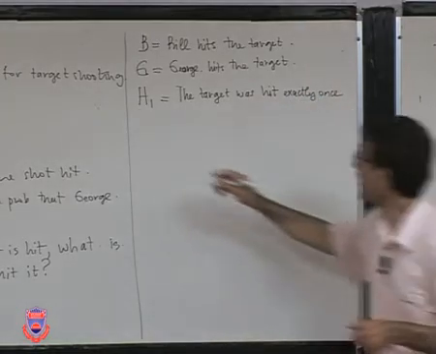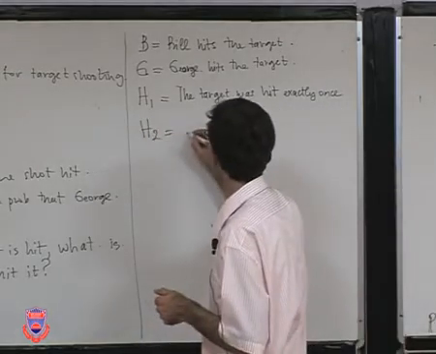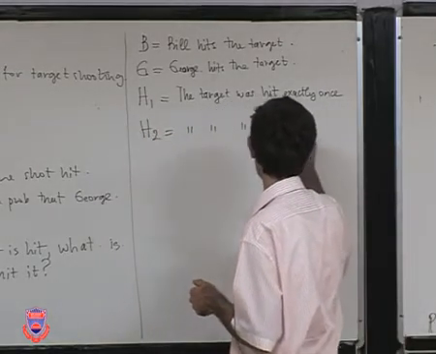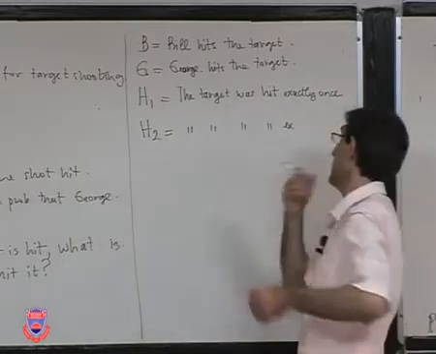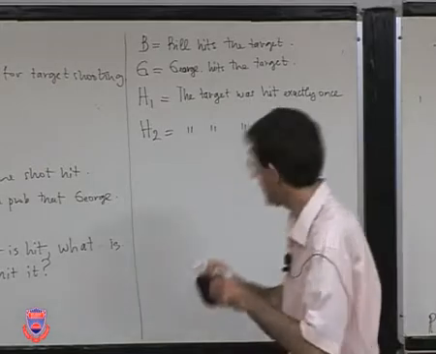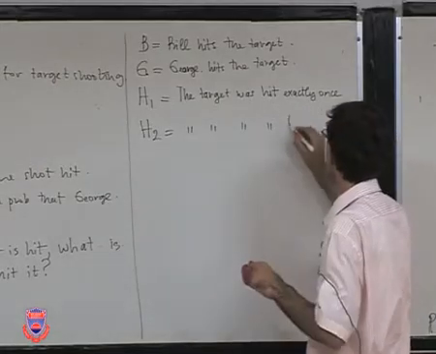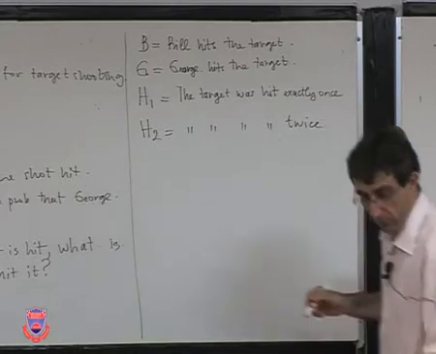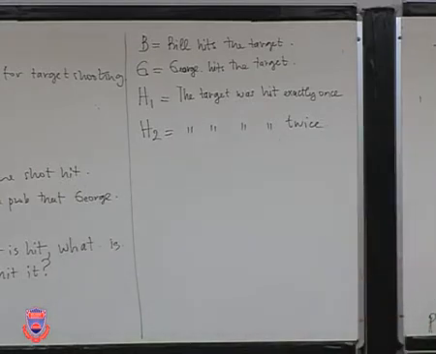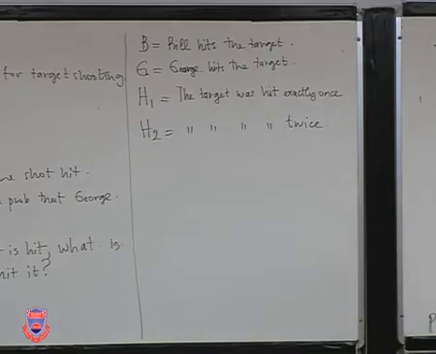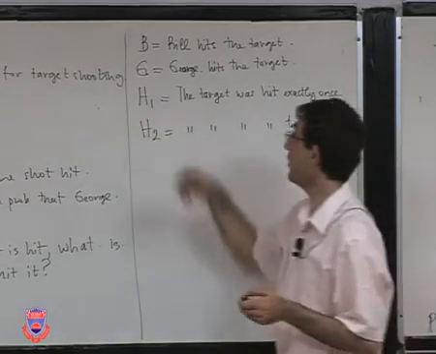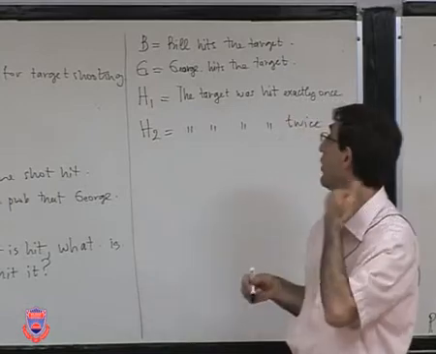Similarly, we can use H2 to denote the event that the target was hit twice, since there are only two people. We don't need any other information. You can also introduce H0, but H0 is just the complement of the union of these two events, so you don't have to; we can always use that complement if we ever need H0.